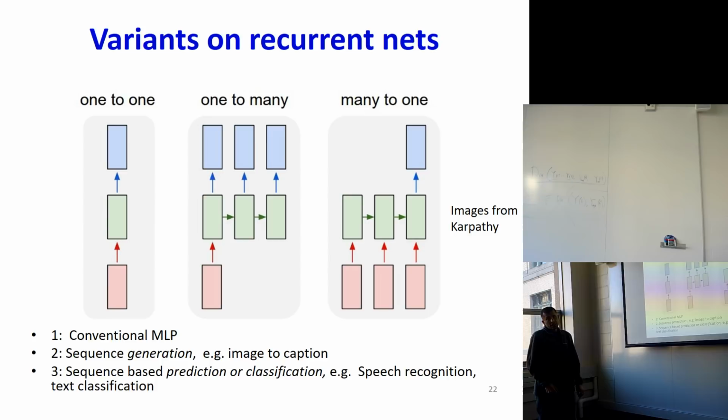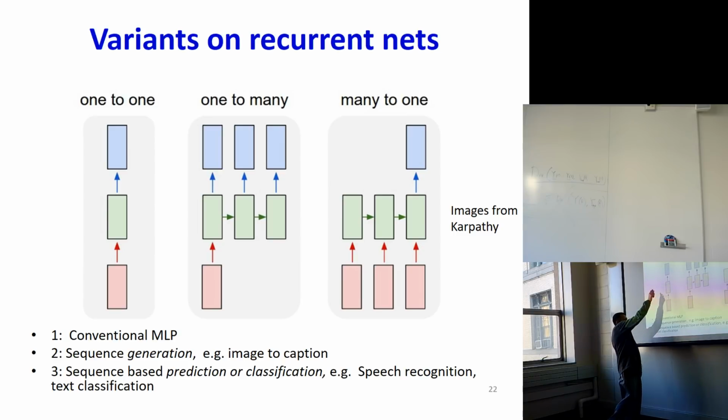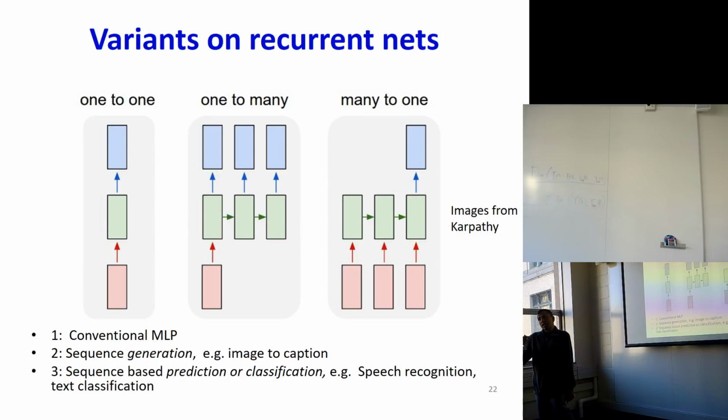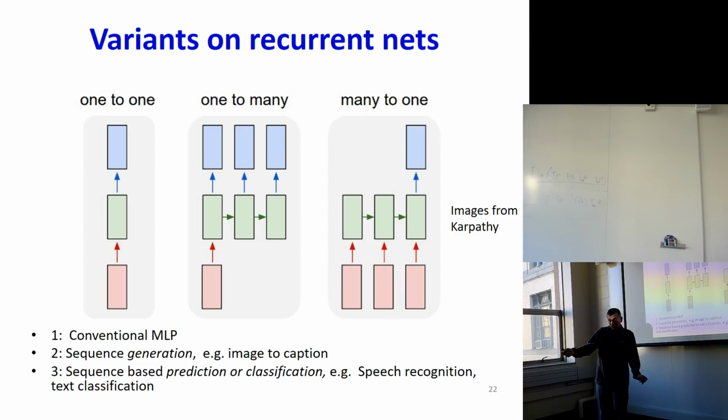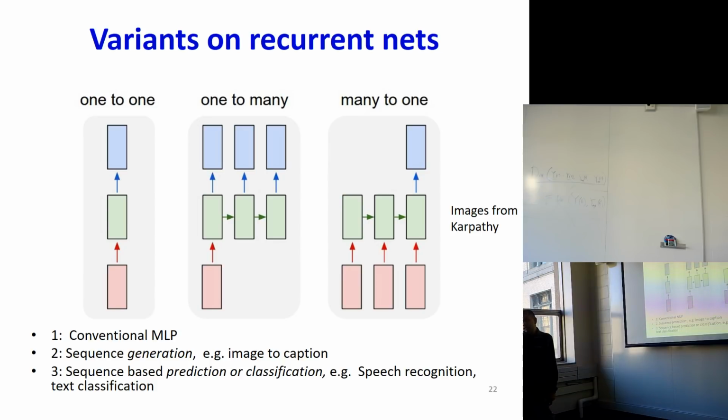So here are the various variants of the network structure that we've seen in class earlier. This is just a conventional multi-layer perceptron. In a conventional MLP, a single input goes in, it gets processed, a single output comes out. Or we could have sequence generation, where I give it a single input, and it processes the input and produces a sequence of outputs.